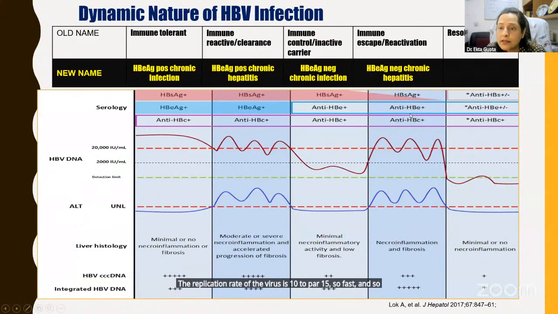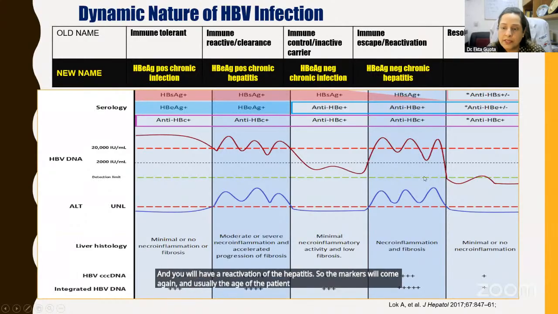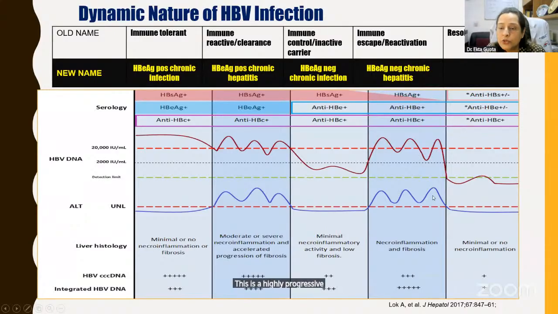And so it acquires a mutation, it escapes E antigen and the replication of the virus starts, and you will have a reactivation of the hepatitis. So the markers will come again, and usually the age of the patient is 50 to 60 years when we catch them. This is highly progressive and usually lands up in lots of fibrosis, HCC, and many a times death. And again, the treatment is mandatory here.